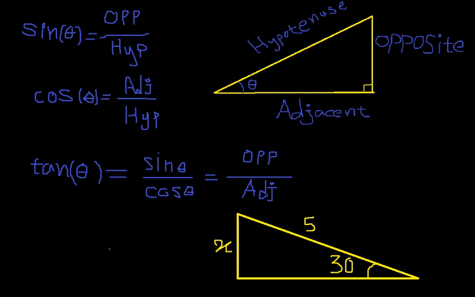Since this x is the opposite side and 5 is the hypotenuse and we have the angle, based on the formula we have here, opposite over hypotenuse is defined as the sine of theta.